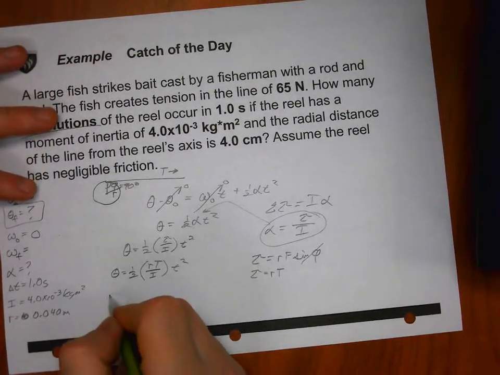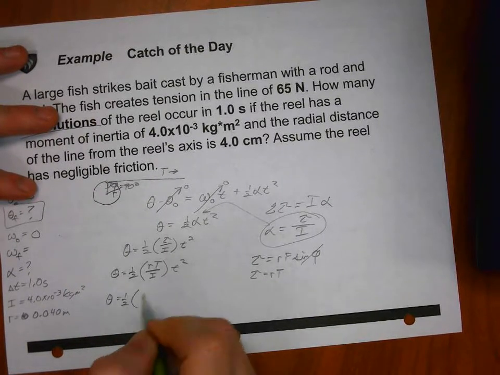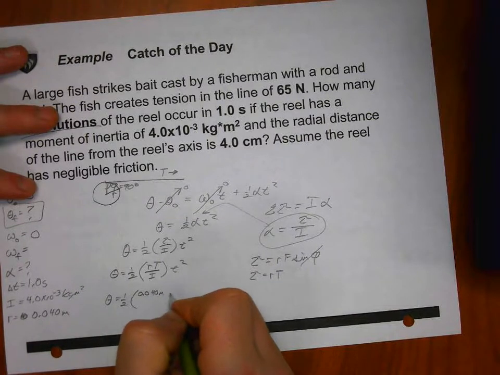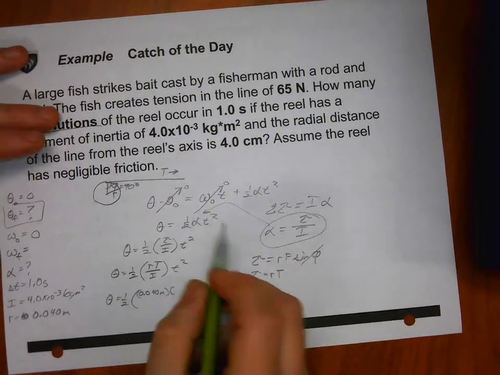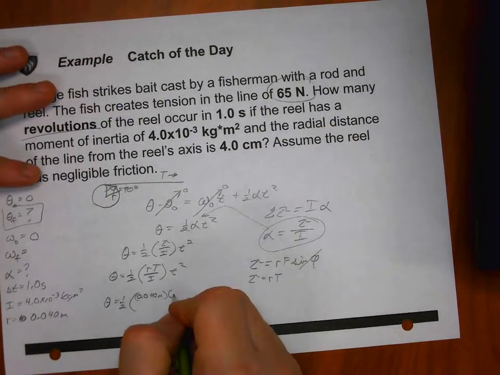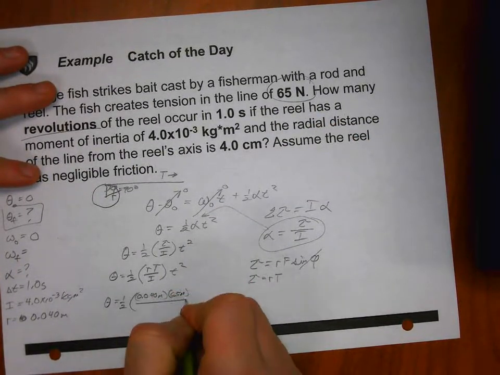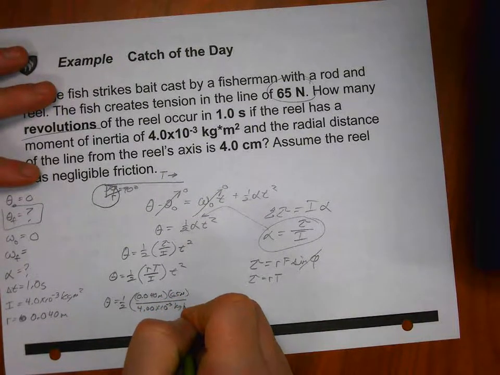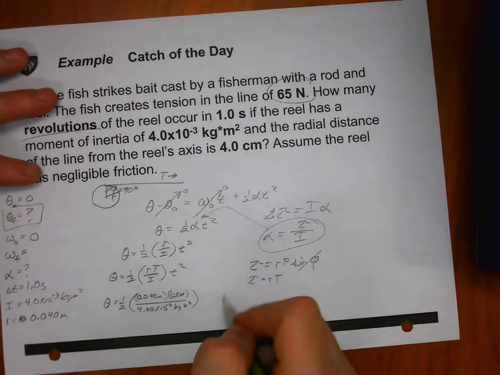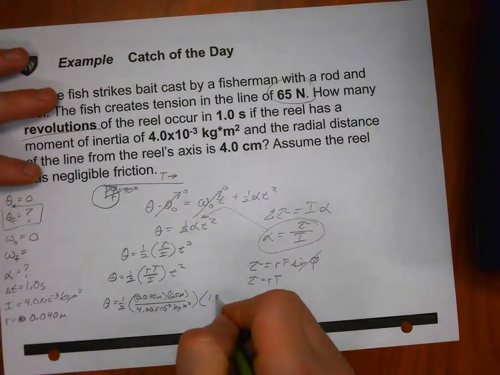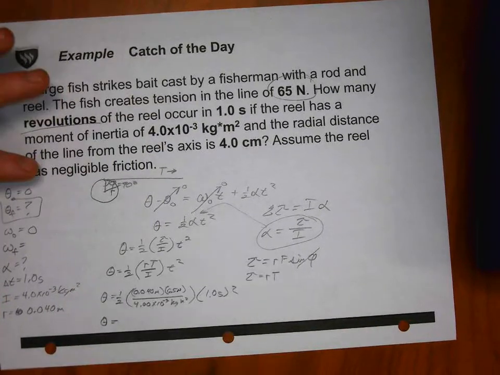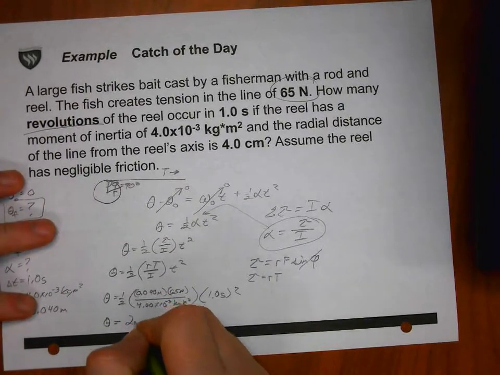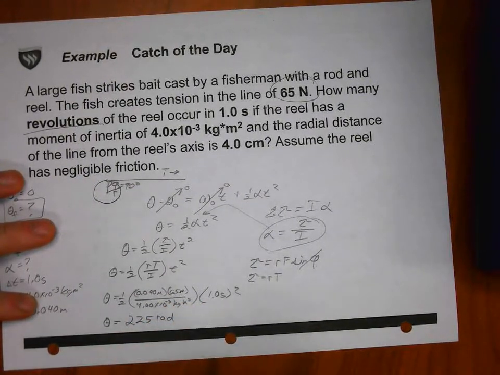Now we can plug numbers in. So that equals 1/2 of the radius, which is 0.040 meters, times the tension, 65 newtons, over 4.00 times 10 to the negative third kilogram meters squared, times the time duration, which is 1.0 second squared, and theta is equal to 325 radians.